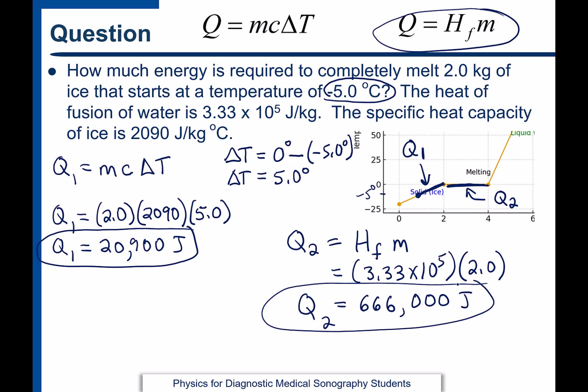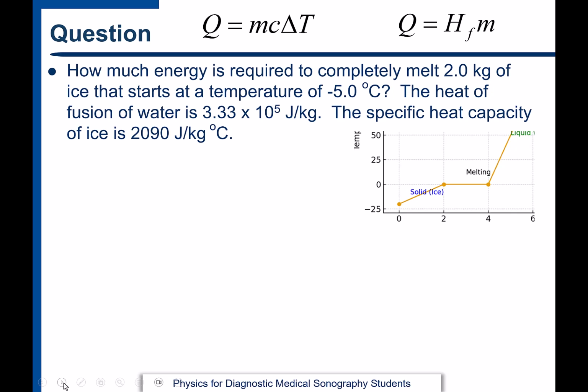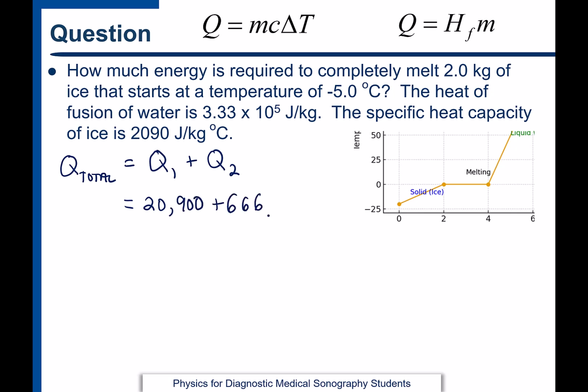To finally answer the problem, we just have to bring our two answers together. The total heat that we're going to have to add is equal to the amount we had to put in to bring the ice up to 0 degrees plus the amount to actually melt the ice. We had 20,900 joules, and we're adding 666,000 joules to that.